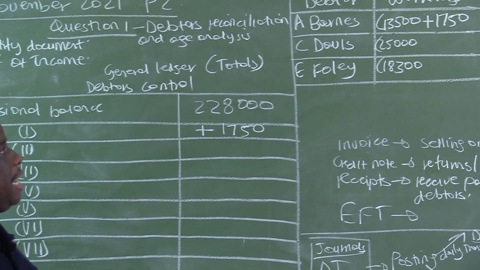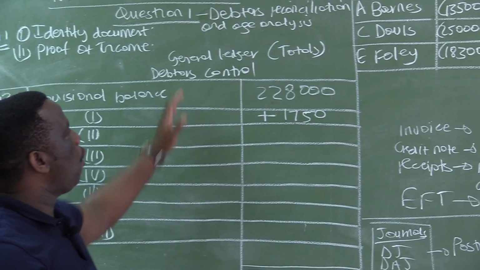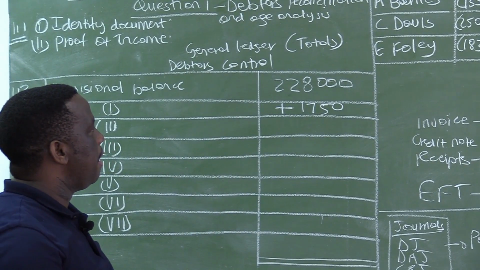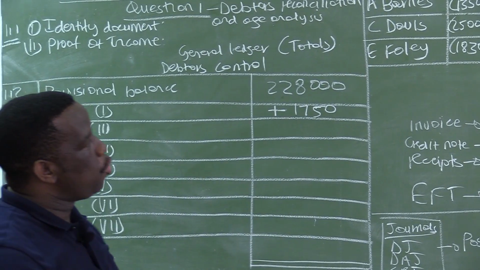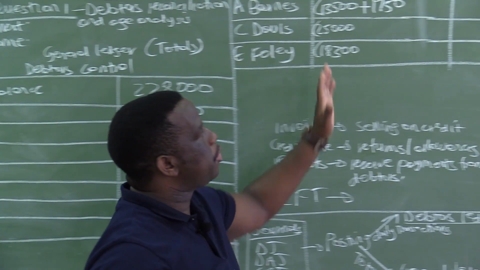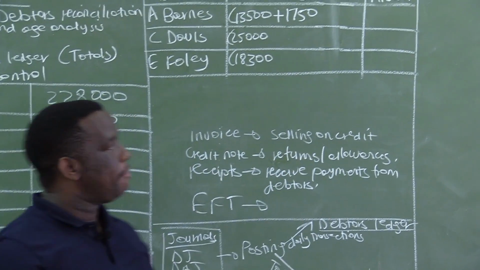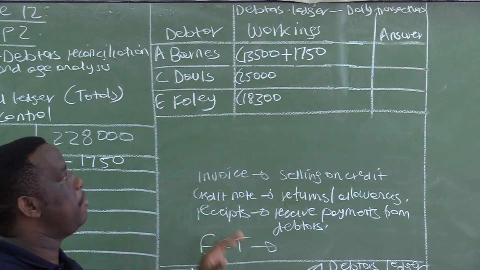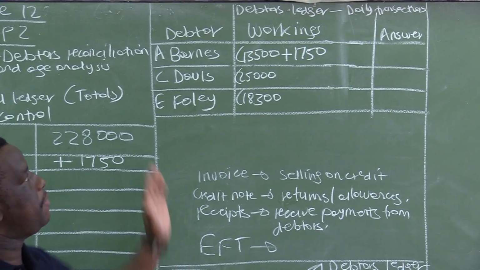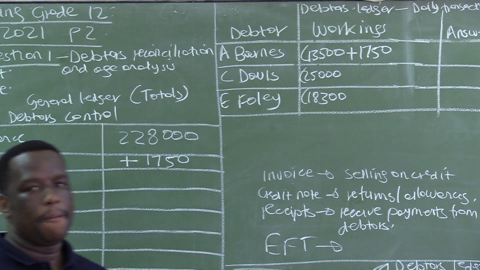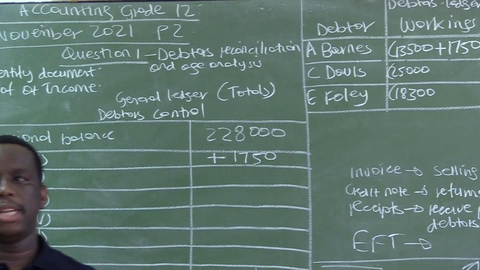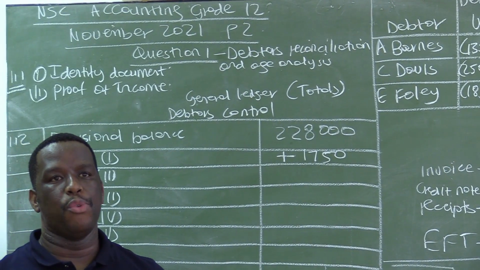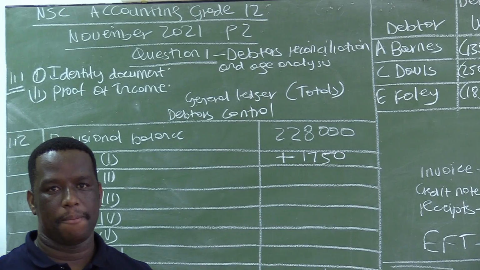And what we are saying at the end of the day is that the total of the debtors control balance should be equal to the total of the debtors list. But in this activity, we are not given all the debtors, so we will not be able to balance it. It's like when you tell people that they are owing me 20,000.